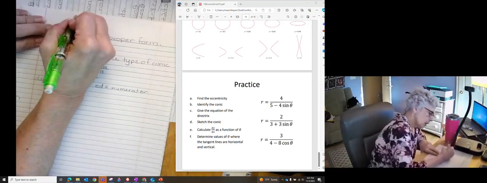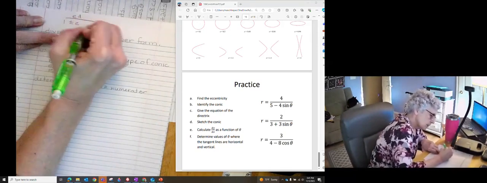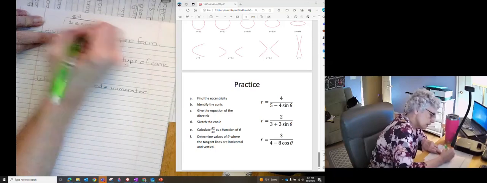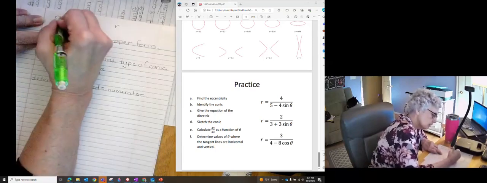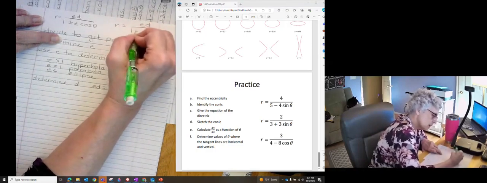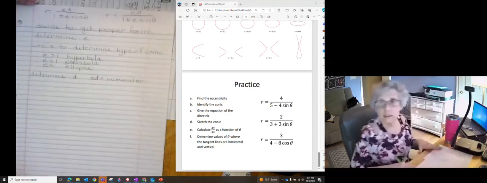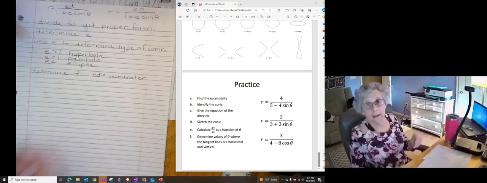And let's write the proper form, ed over 1 plus or minus e cosine theta, or ed over 1 plus or minus e sine theta.